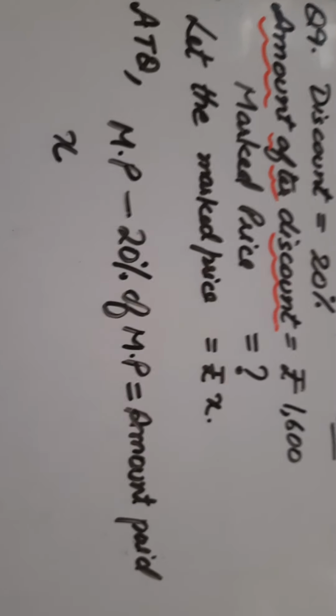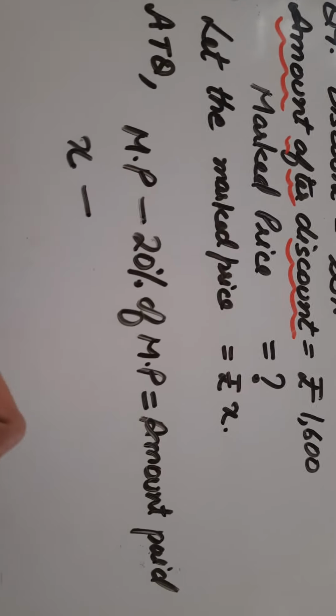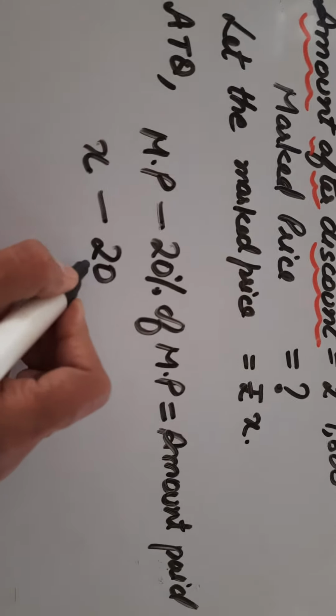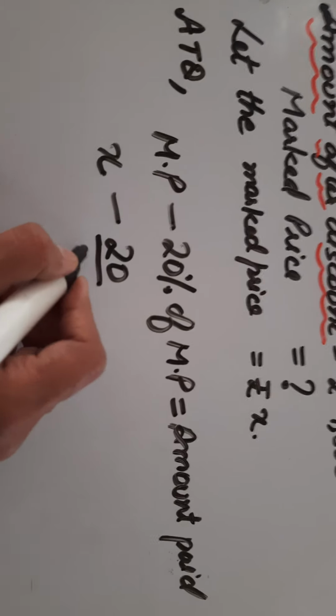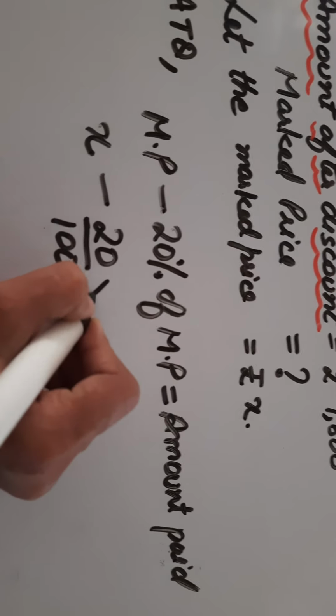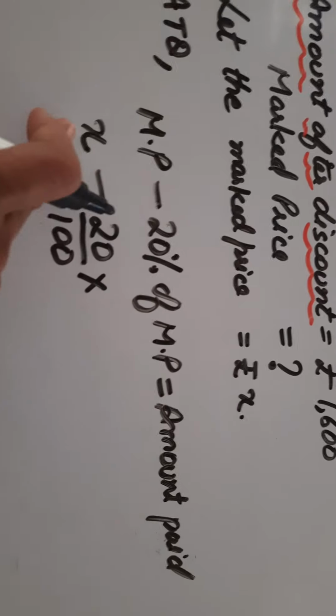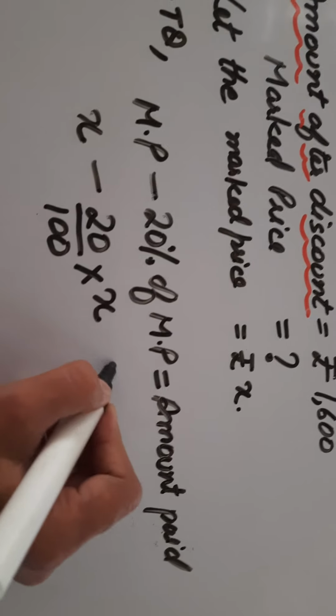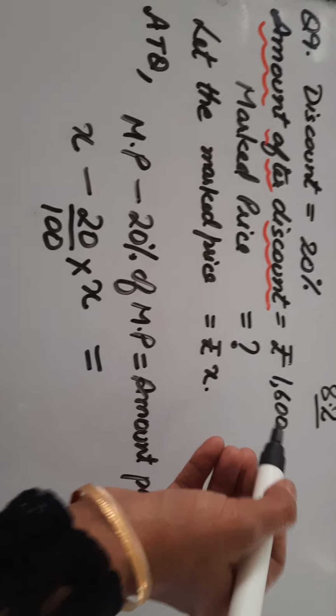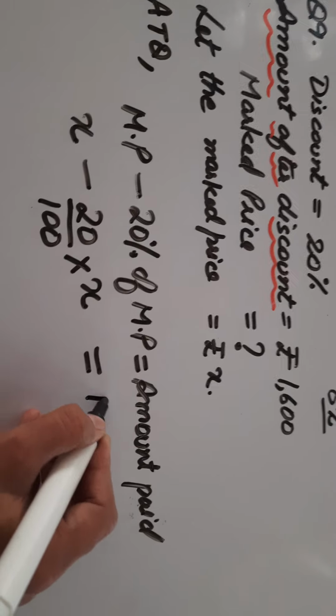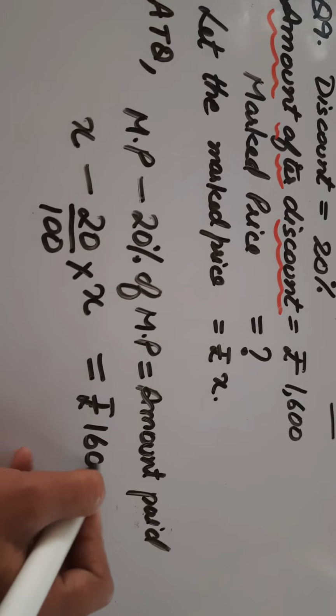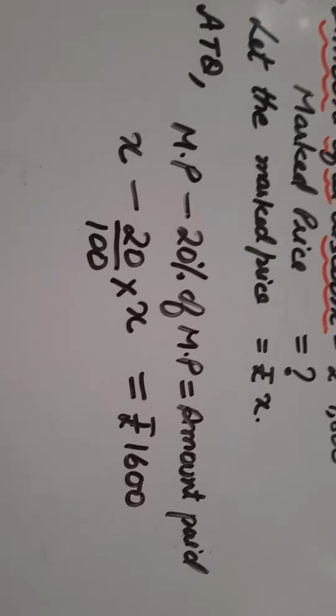For reduction we take the negative sign. Minus 20 per means divided by, cent means 100, of means multiply, again the marked price, so that is X, is equal to how much he paid after the discount. He paid rupees 1600 after getting this discount.